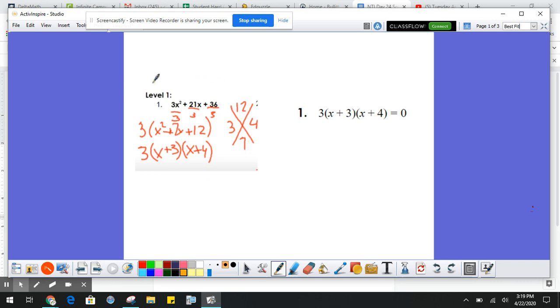Over here you see question number 1 from day 16, and it's all the way worked out. The directions on day 16 were to factor the trinomial. What if I changed one thing? What if I changed the directions to say solve, which is what your directions are today?